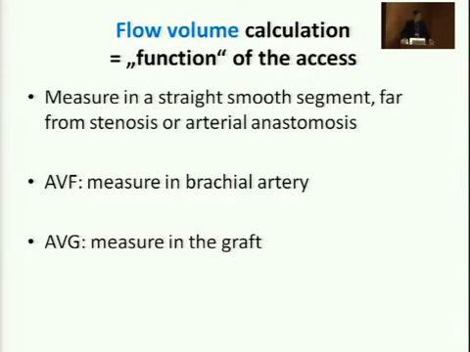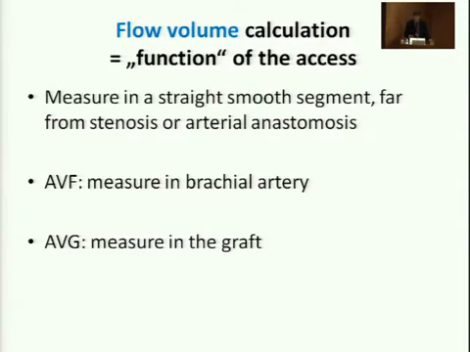But it is necessary to stress that the flow volume should be measured in a straight segment, far away from any stenosis, far away from arterial anastomosis, far away from arch, and so on.